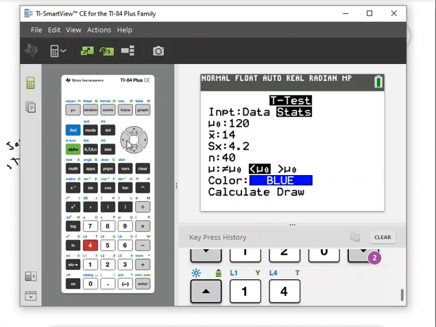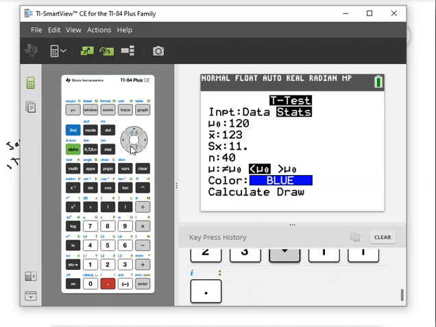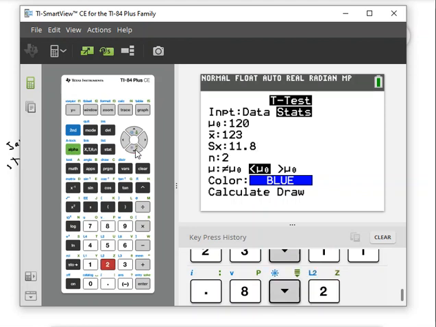Standard deviation, 11.8. A lot of variability in those sounds, which is what we would expect. The sample size is 25.